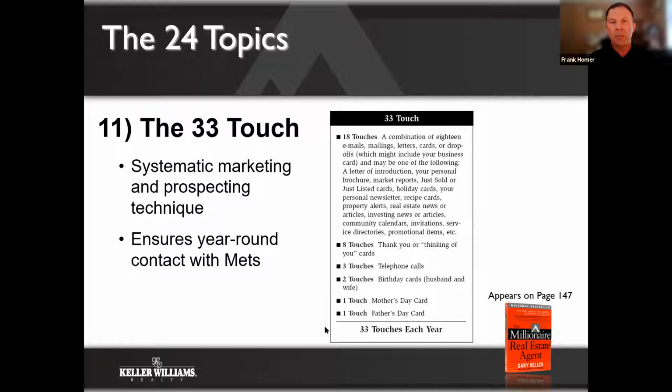I'll tell you, I think personal handwritten letters and cards are actually back in vogue. They're very powerful. People tend to hang on to them longer than most of the other types of materials. So don't be afraid to go back and do the traditional postcards. A great postcard, just listed, just sold, anything, those especially get people's attention, and they get saved.